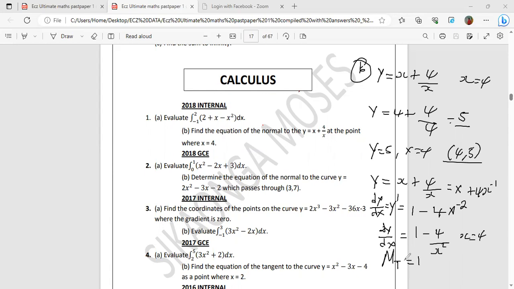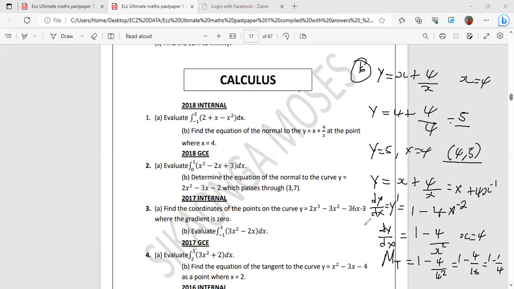So mt is 1 minus 4 over 4 squared, which is 1 minus 4 over 16, which is simply 1 minus 1 over 4.